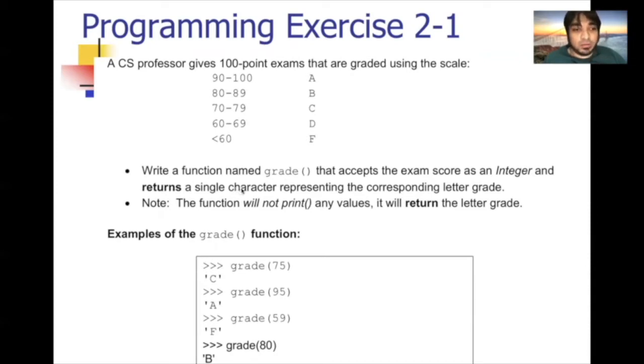Now we want to write a function called grade that accepts the exam score, meaning something between 0 and 100 inclusive, as an integer, and then returns a single character. So we will send a number, and in return we want a character back, and that's all we have to do in this function. It doesn't have to print anything yet, but I'll show you how to test this.